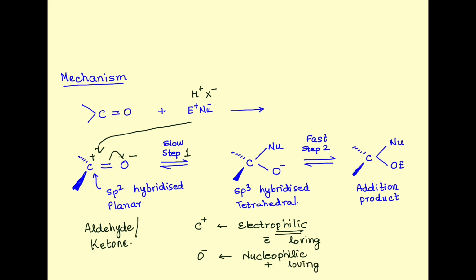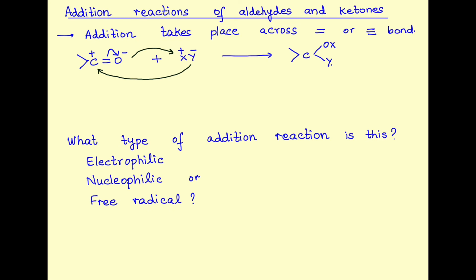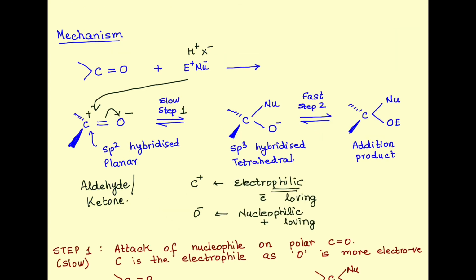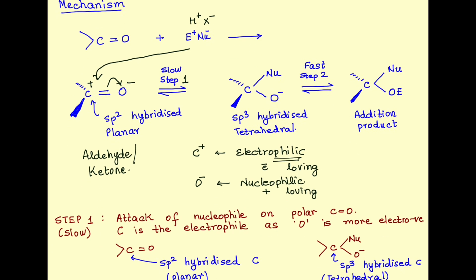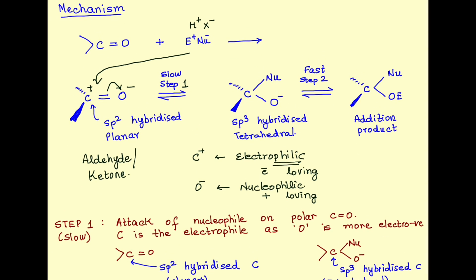We had started with the question, what type of addition reaction is this? Electrophilic, nucleophilic or free radical? And I said that we look at the mechanism in order to determine this. So what we observe in this reaction is that the first attack is taking place by a nucleophile.